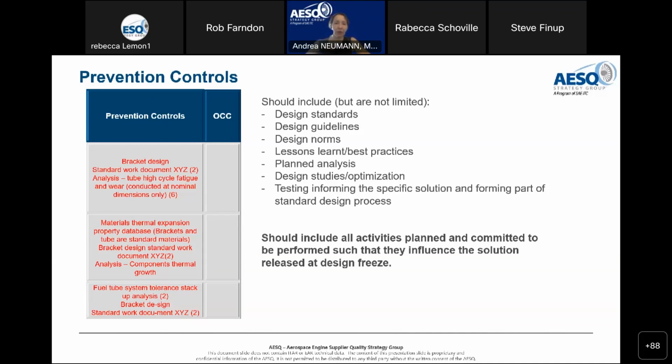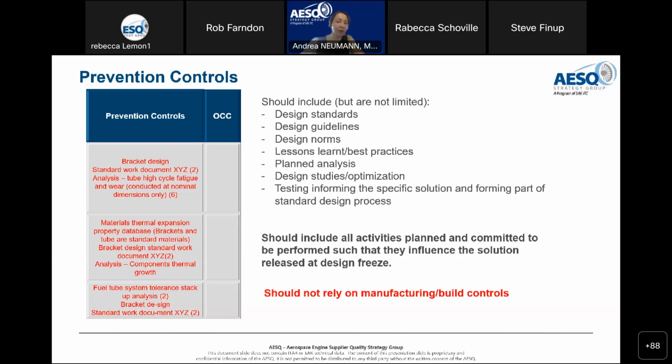So everything you do before design freeze to get a solution which should prevent this cause at the end, so that you focus on this design change and think about what will be done in the design process to prevent the cause, could be added in the prevention controls. And when you click then next, okay.